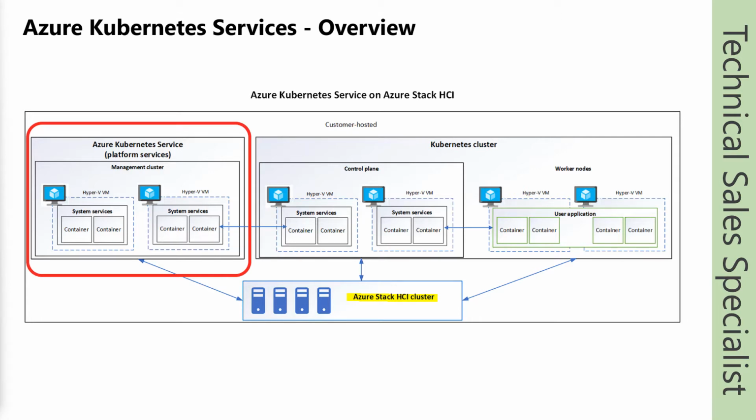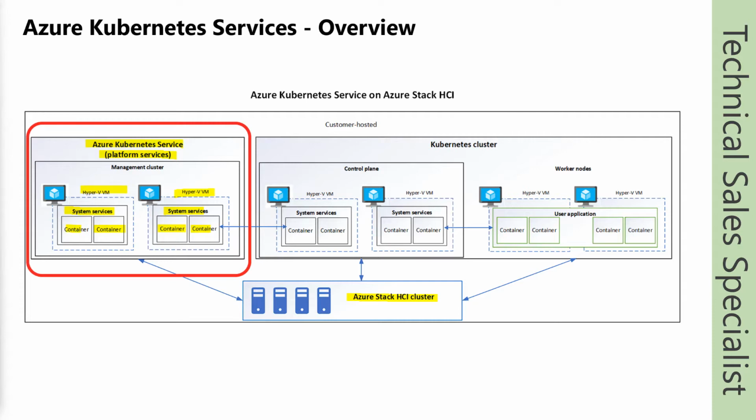The good news is that there's a configuration wizard in the Windows Admin Center portal that provides the necessary configuration steps for Azure Kubernetes services. For Azure Kubernetes services, we need the Azure Kubernetes Services Platform Services. These are Hyper-V virtual machines that provide the system services with the containers.